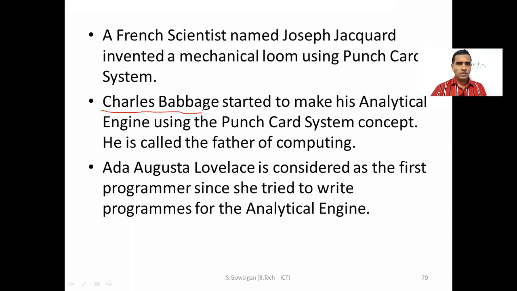Have you got the point, right? So this is important. Charles Babbage invented two machines, analytical engine and difference engine. So he used that input process output concept. So they are very helpful for the modern computers, right? I will take it again. Charles Babbage started to make his analytical engine using the punch card system concept. He also used punch card.